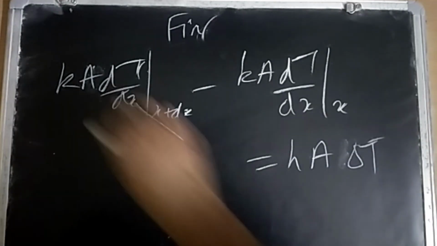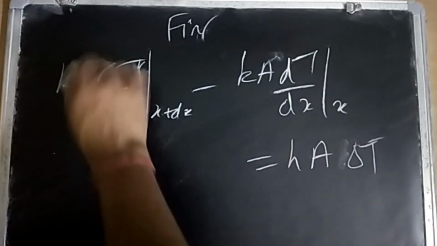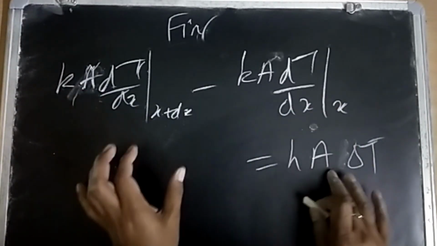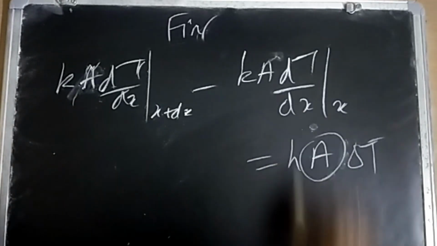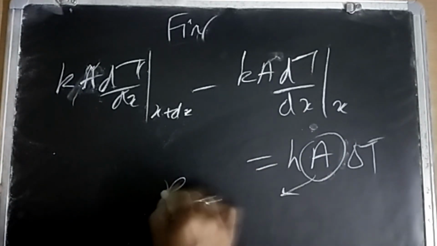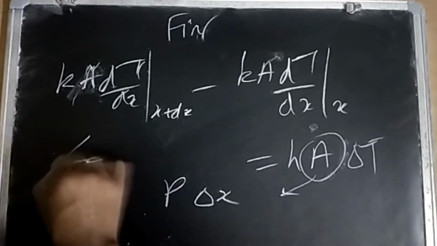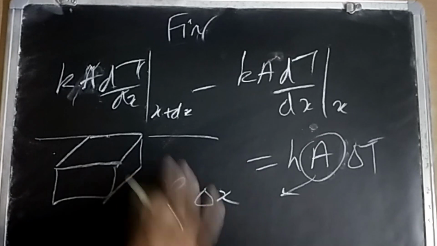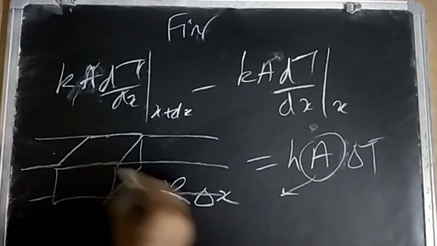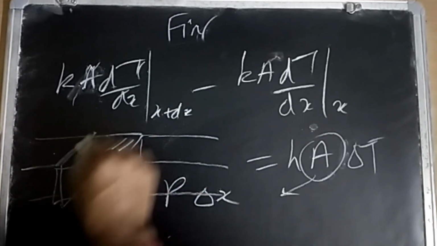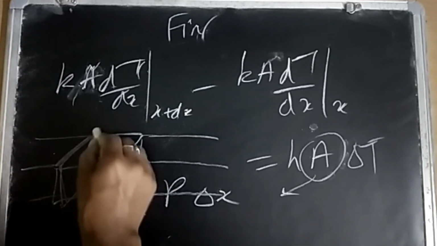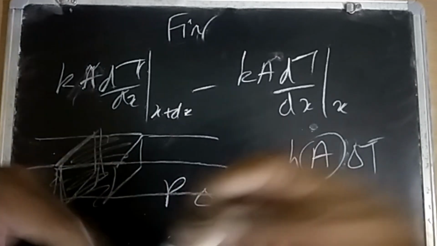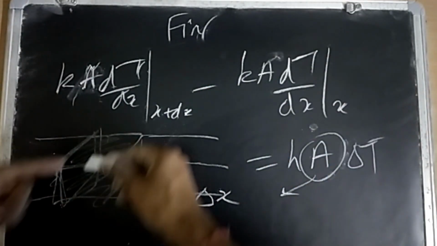Okay, now let A be there. So this difference, this by this, and this A can we write that like this, perimeter into delta x. Let's say this is the fin cross sectional area like this. We know the perimeter is this whole thing. This perimeter into this is the curved surface area, the outer part. Curved surface area means the outer part.